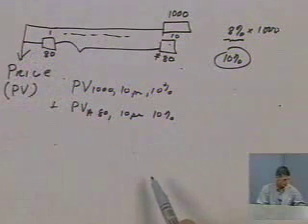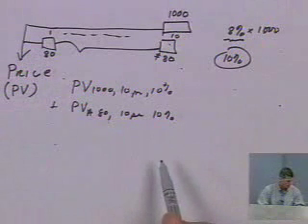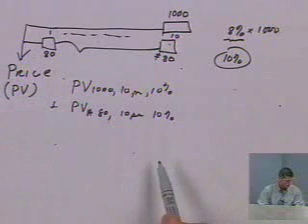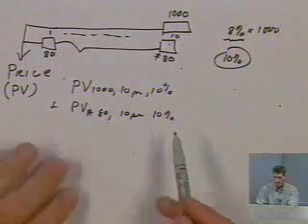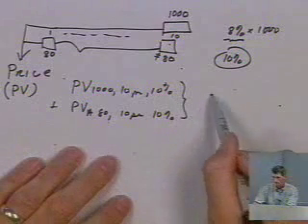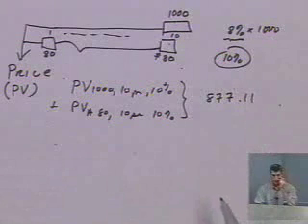Now, when we do that calculation, what we find is what? That the bond has a value of $877.11. Give or take a penny.